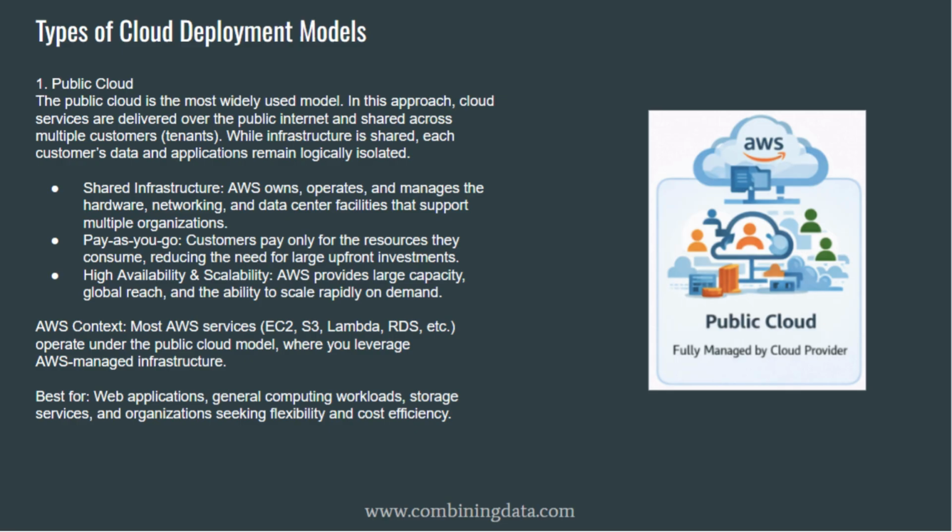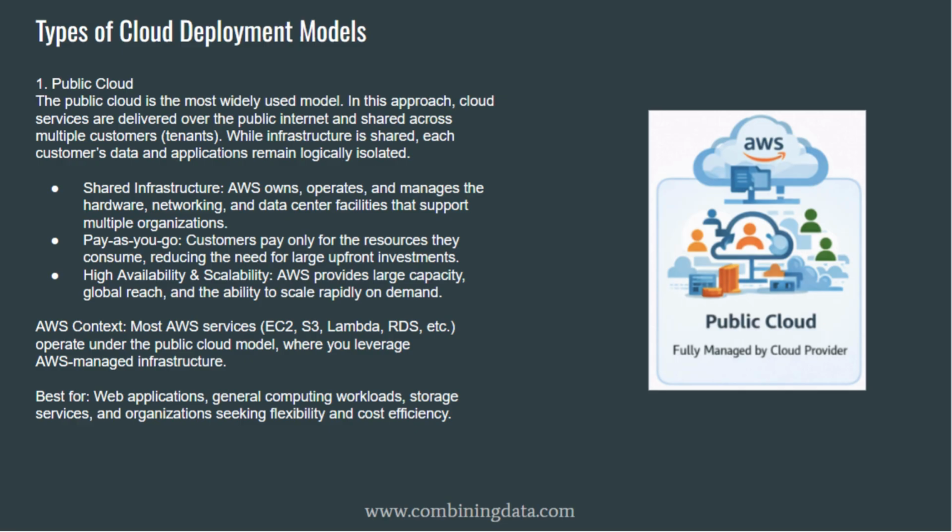Shared infrastructure. In a public cloud, AWS owns, operates, and manages the entire physical infrastructure. This includes data centers, servers, storage systems, networking equipment, power, cooling, and physical security. As a customer, you don't need to worry about buying hardware, maintaining data centers, or replacing failed components.